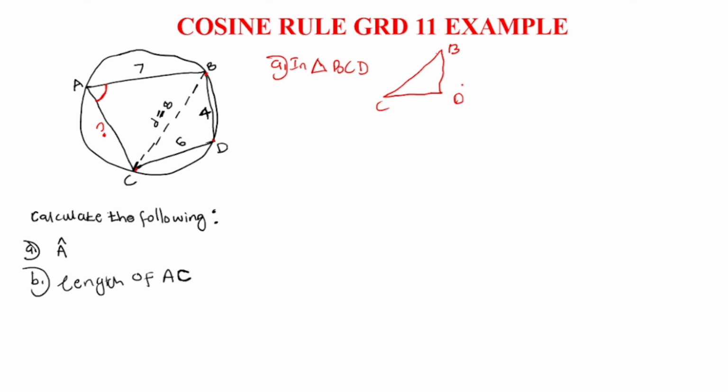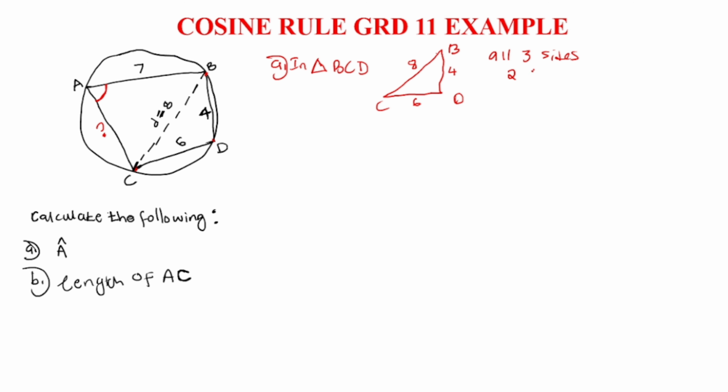So what does the lesson say? The lesson says you use cosine rule if you are given all 3 sides, or if you are given 2 sides with an included angle.